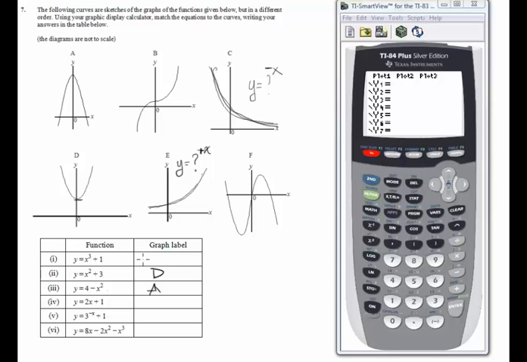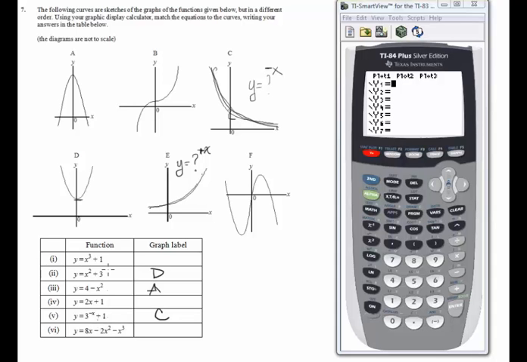So again, I can look at my choices and where do I see something like that. And let's see, nope, nope, nope. There's a negative x. 3 to the negative x plus 1. Yeah, that could be, remember they start off at 1 and it got moved up 1. So that looks like it could be pretty good. So there's letter C.